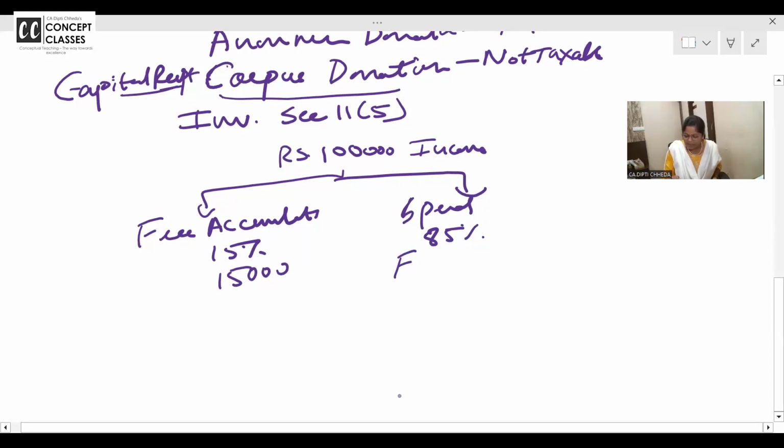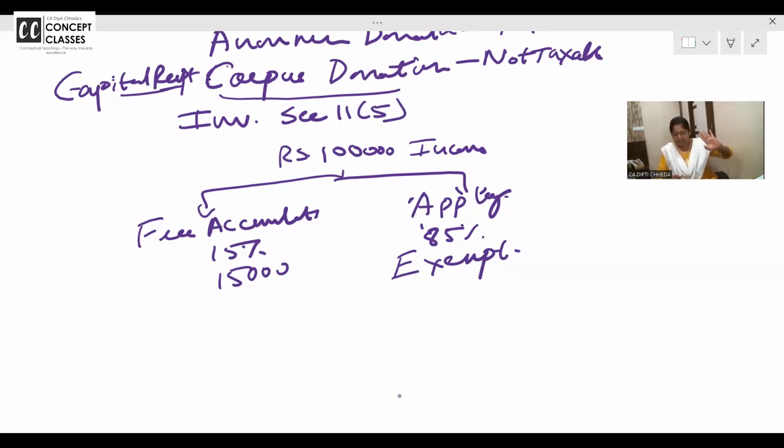They need to apply, that is a better word, and then it will be exempt. So if the trust has earned 1 lakh rupees, 15% is free, accumulated, and 85,000 they need to apply. But ma'am, sorry, we could spend only 60,000. Okay, the remaining 25,000 is the income of the trust. Pay the tax.